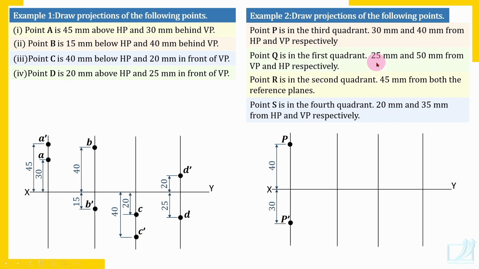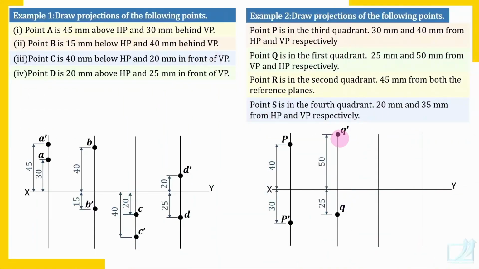And what is distance from HP? 25 and 50 from VP and HP respectively. So front view above, front view gives distance from HP. That means 50 millimeters must be above. Front view is above XY line. So this distance 25 millimeter to be measured below.